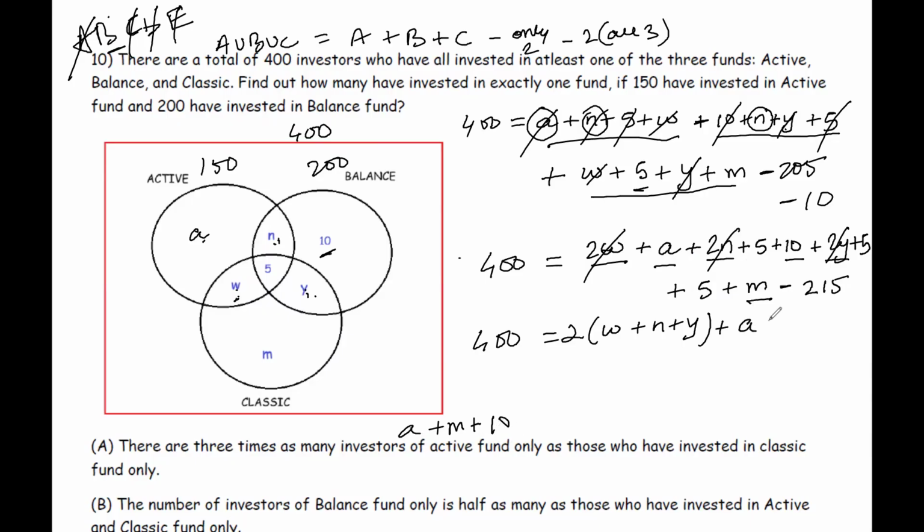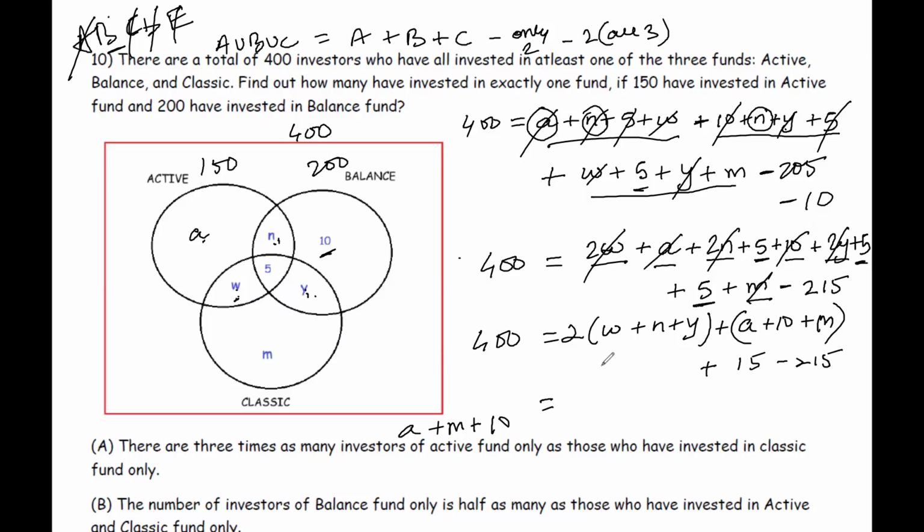So A plus 10 plus M. This is accounted for. And then we have 5 and 5, 10, another 5, 15, and minus 250. So plus 15 minus 250.